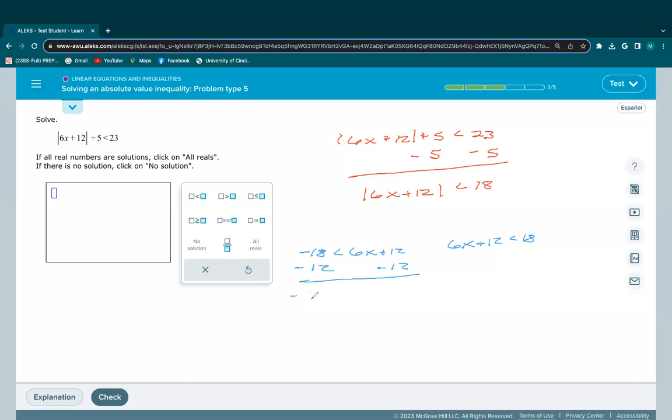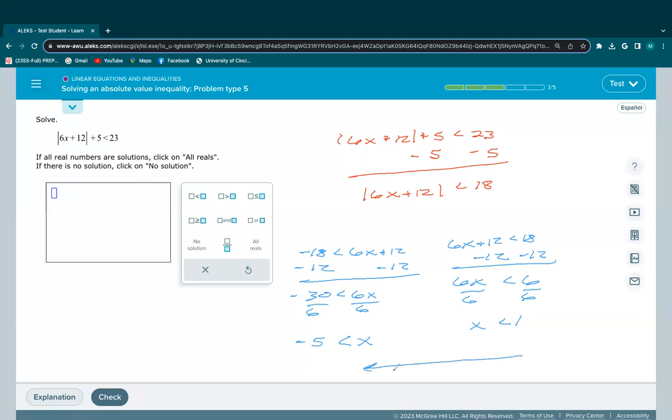I have negative 30 is less than 6x, divide by 6. X is greater than negative 5, or negative 5 is less than x. On this one, I'm going to subtract 12. 6x is less than 6, divide by 6. X is less than 1.